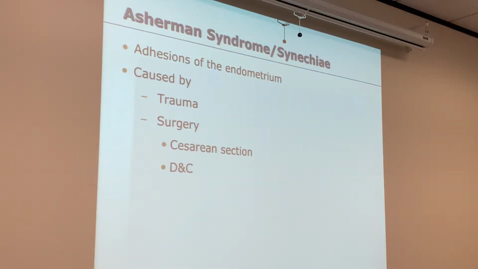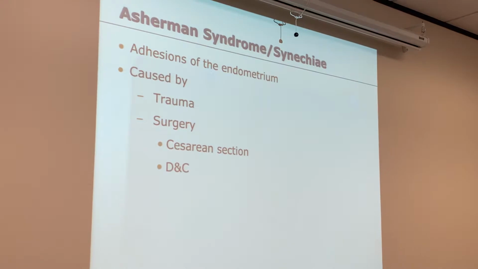Asherman syndrome. Asherman syndrome is synechia. It could be called either one. It's where I have had some type of trauma, or I've had 10 miscarriages, or I've had 3 elective abortions. I've had C-sections.